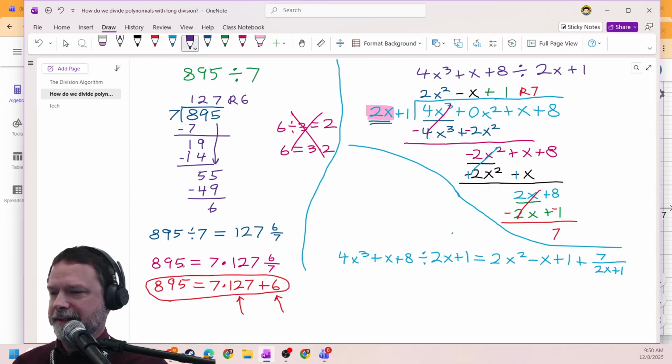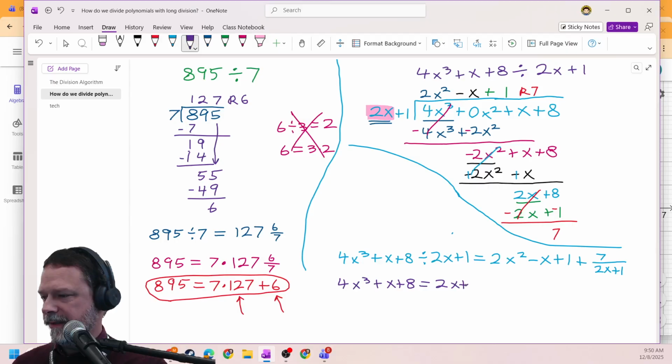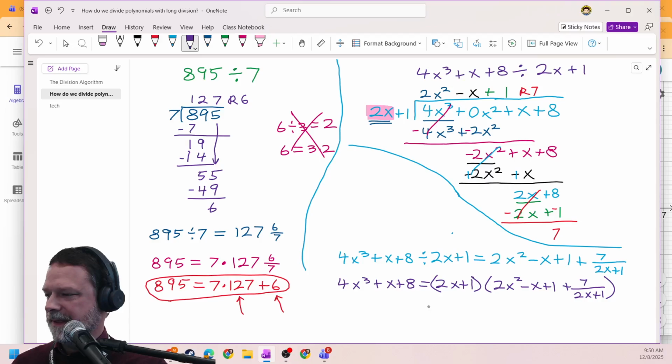Or I could write it like this over here. I could say, you know what? 4x cubed plus x plus 8 equals 2x plus 1 times 2x squared minus x plus 1 plus 7 over 2x plus 1. Like that. Or I could write it with the division with remainders.